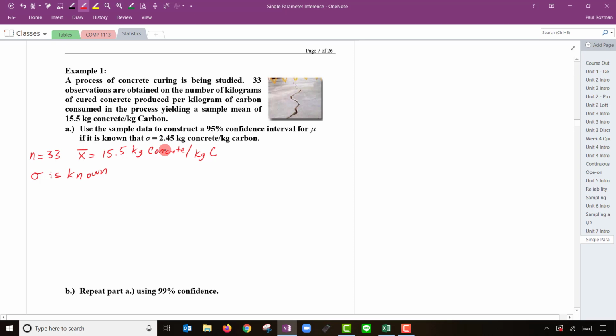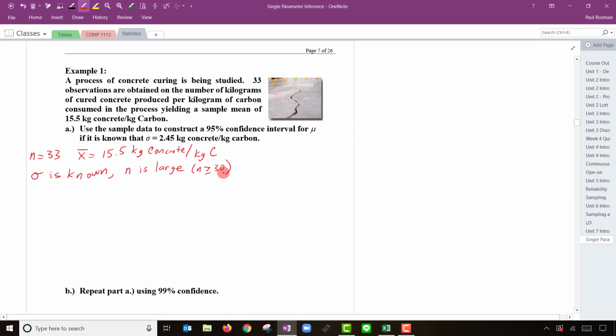My sample means are going to follow a normal distribution because my sample size is large. I don't even need to know that the population is normally distributed. And by large, I mean greater than 30. Greater than or equal to, I guess.